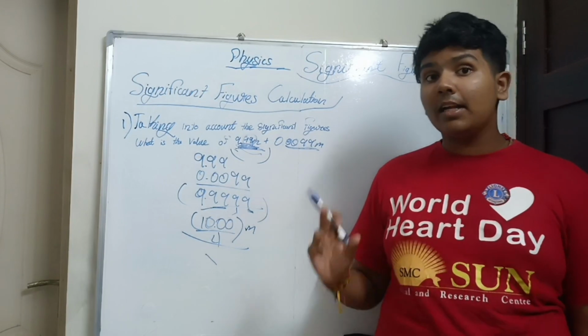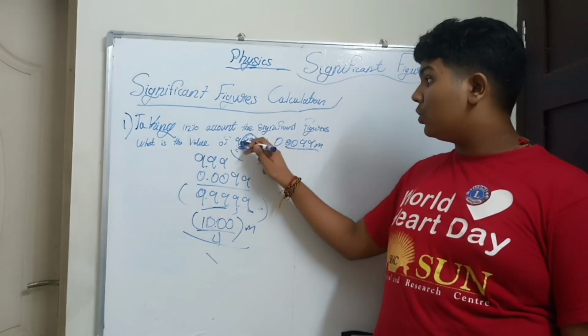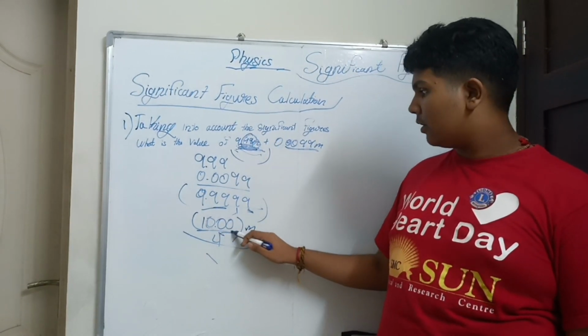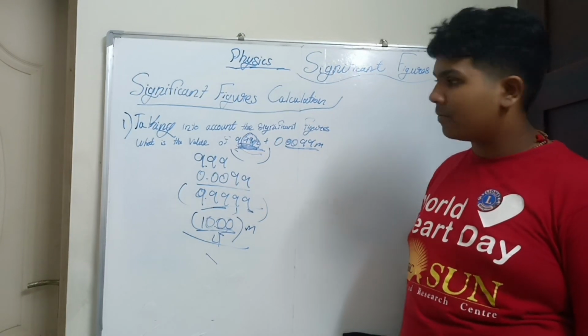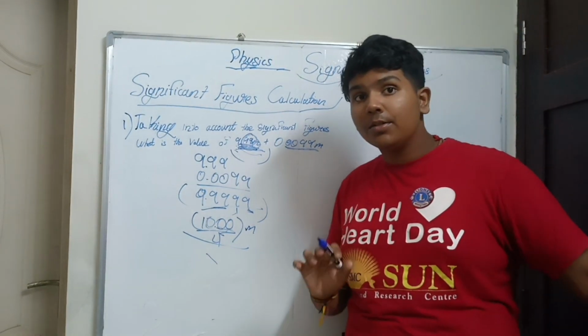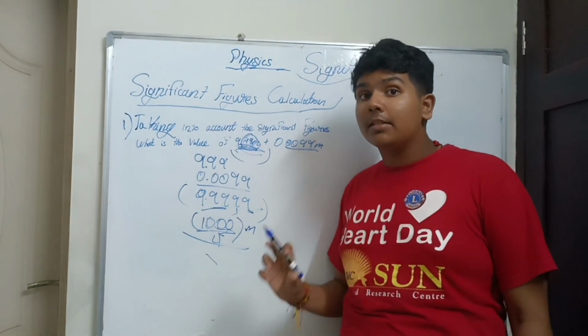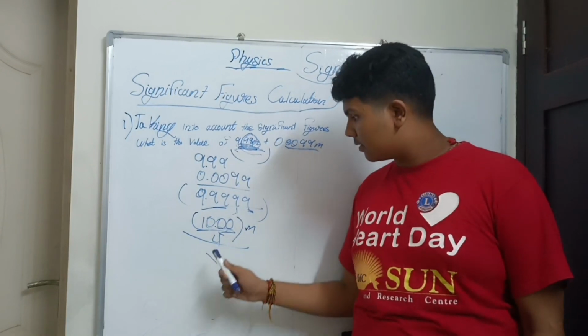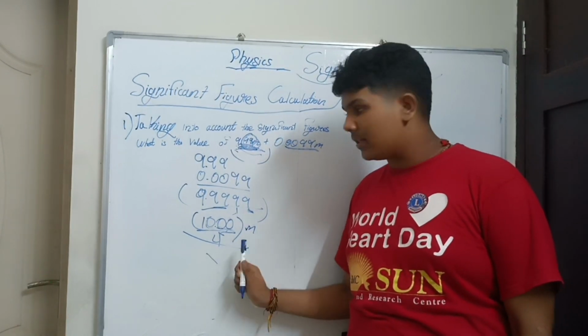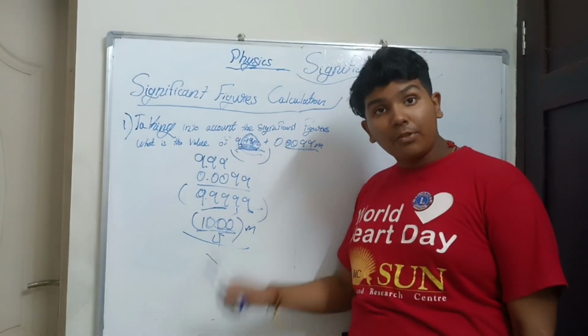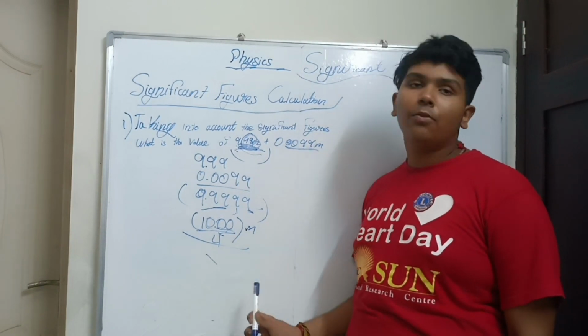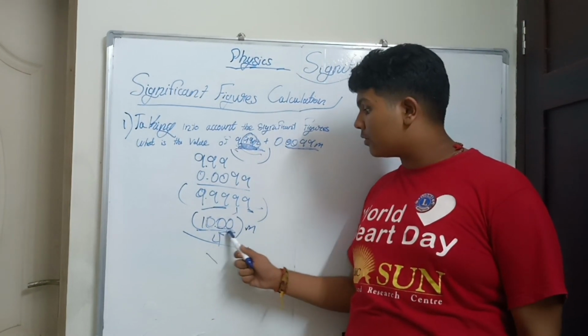So the final answer should have only 2 decimal places. So that's why we have 0, 0. What have you learned? Zeros on the right can be considered as significant figures. So that is why it is 10.00. Instead of 3 significant figures, we have 4 significant figures, because of the decimal places.